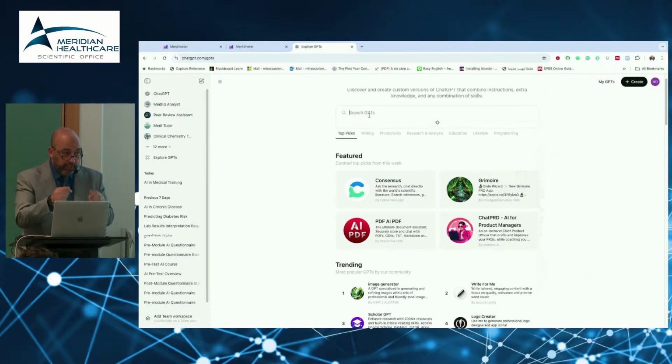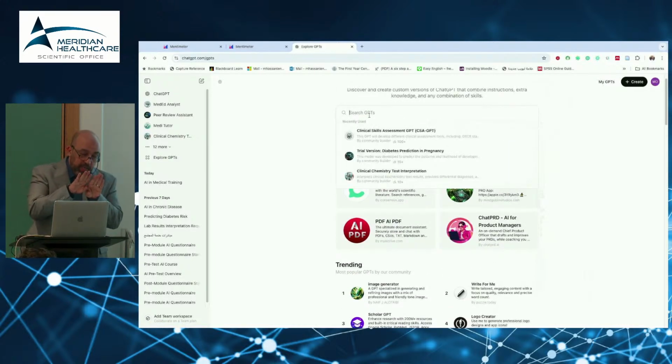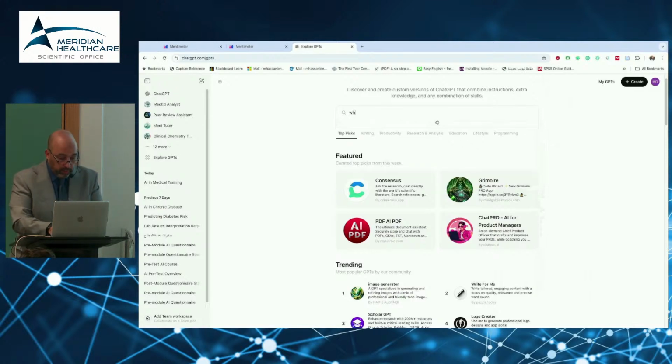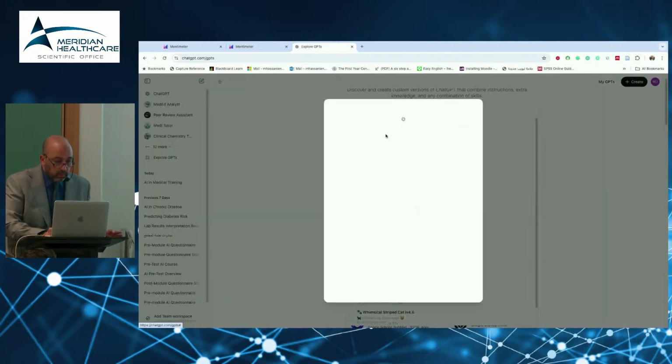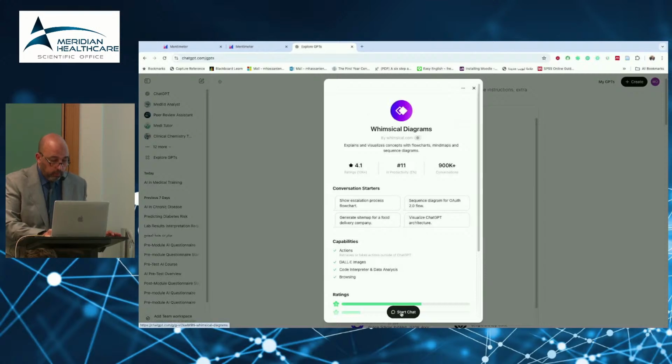So I search in the GPTs, which, as we mentioned, empower ChatGPT with another AI application or software. So I'll search for Whimsical. This. So start chat.